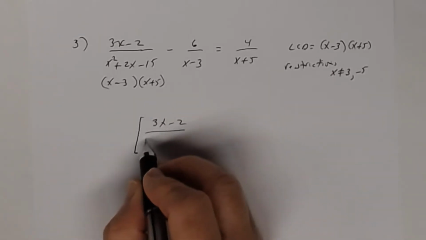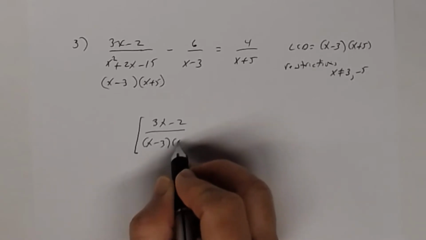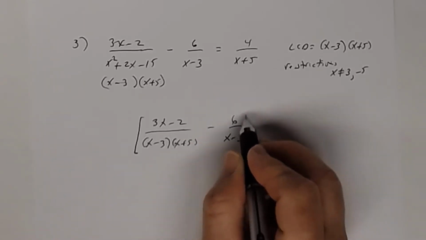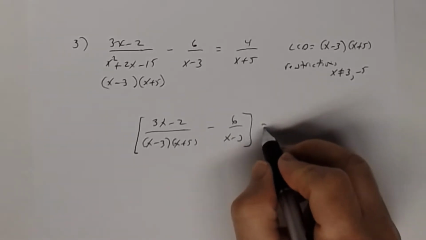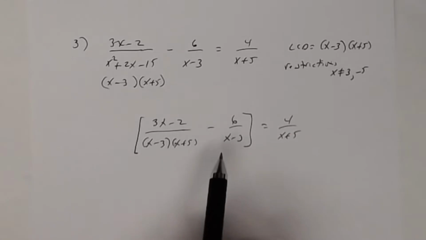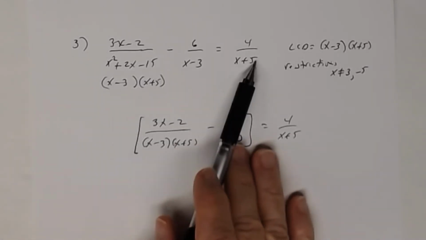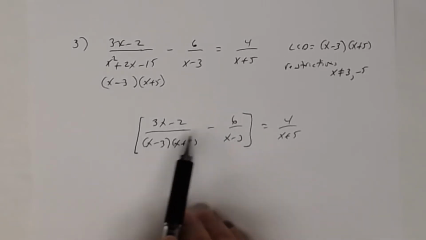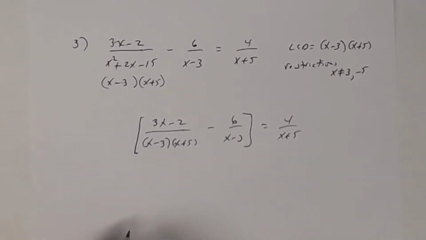In other words, write it as x minus 3 times x plus 5, minus 6 divided by x minus 3. Put that in brackets, equal, and then 4 divided by x plus 5. All I did was rewrite the original equation and put the left-hand side in brackets since there are two rational expressions.